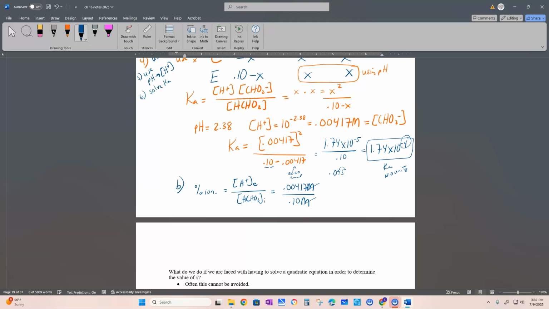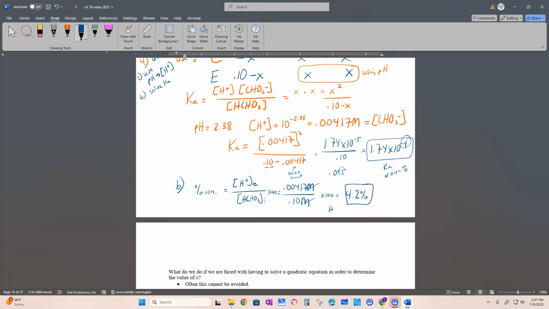Now, these molarities are going to cancel, but the other thing that I didn't write is, remember, this is percent. So we're going to go times 100. So divide times 100, or move the decimal 2 places. We don't use that 100 for sig figs. So with 2 sig figs, 4.2%. Now what does this mean?